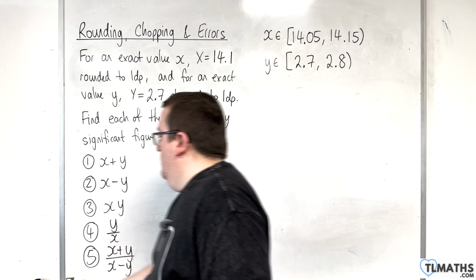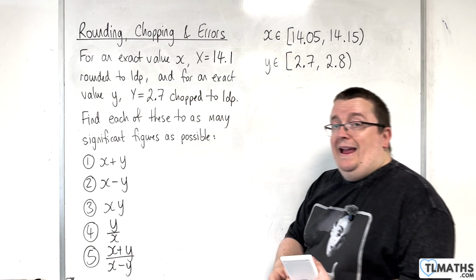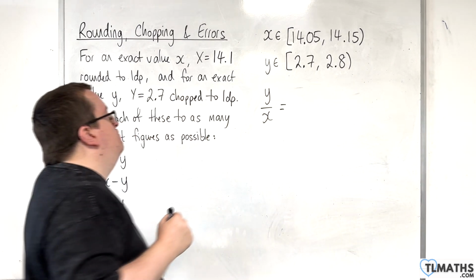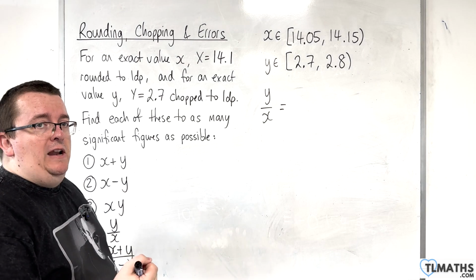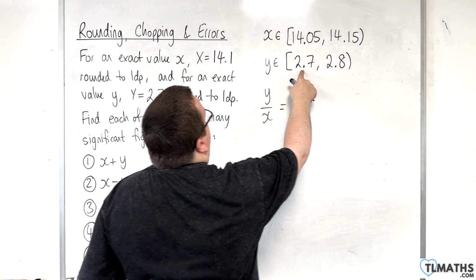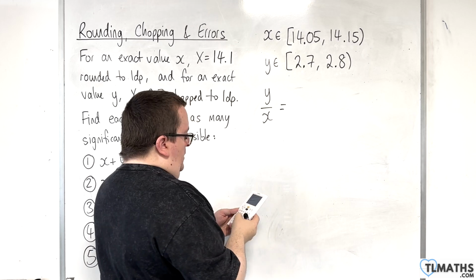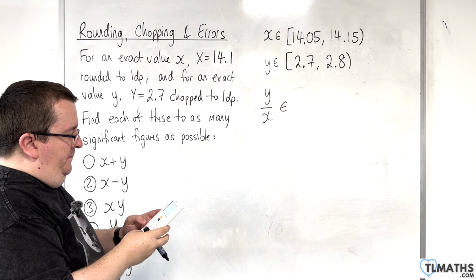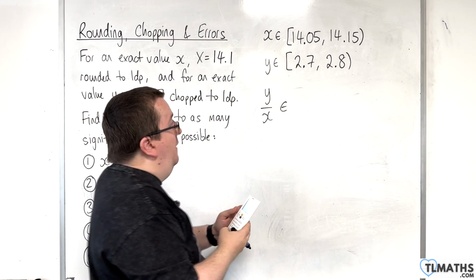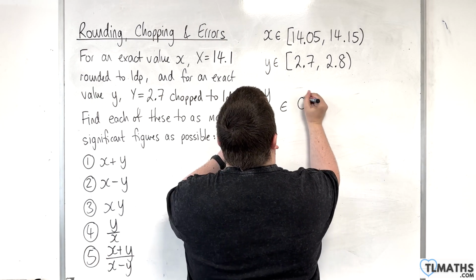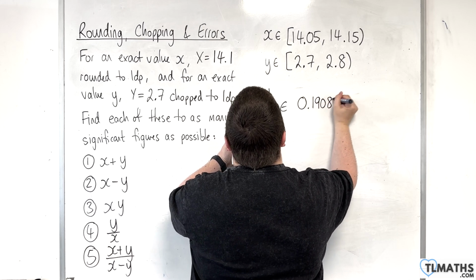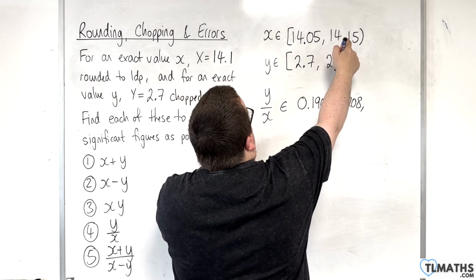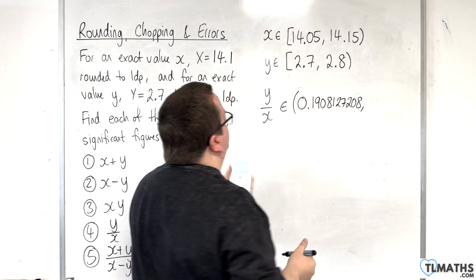Okay, number 4, y divided by x. So the smallest that this could be is if we have the smallest value of y divided by the largest value of x. Sorry, not an equal sign. There we go. So 2.7, and we're going to divide that by 14.15. And that gets us 0.1908127208. And because we're dividing by a value we can't reach, that's a curved bracket.